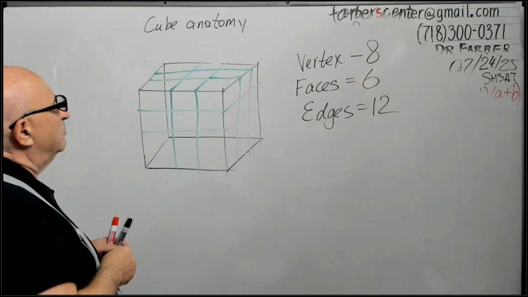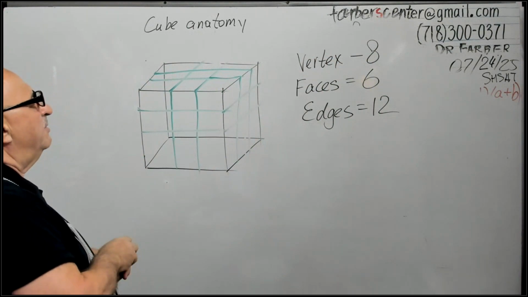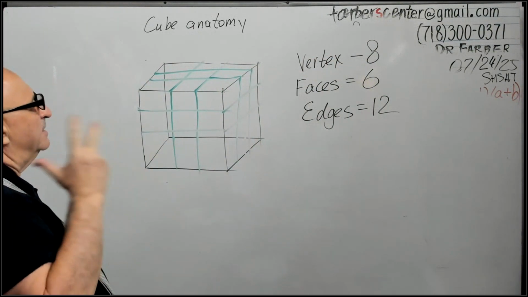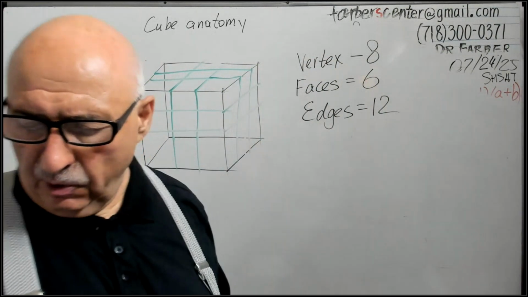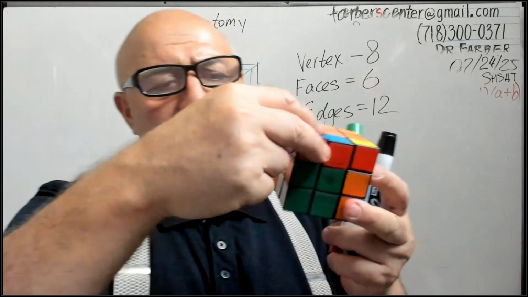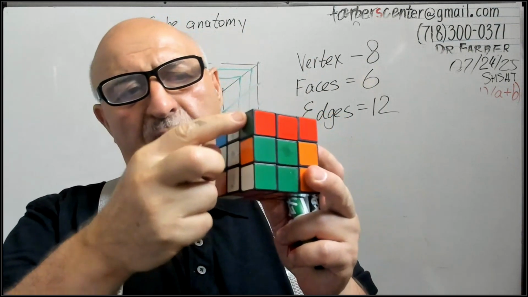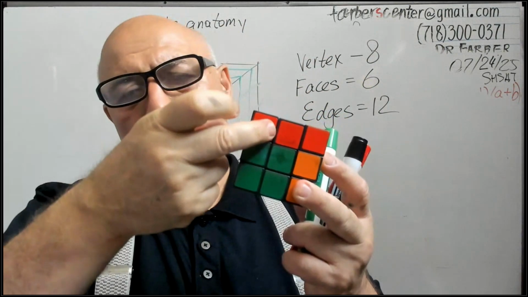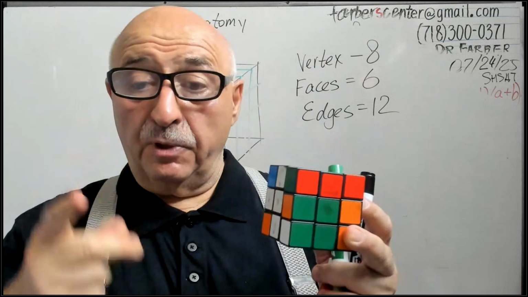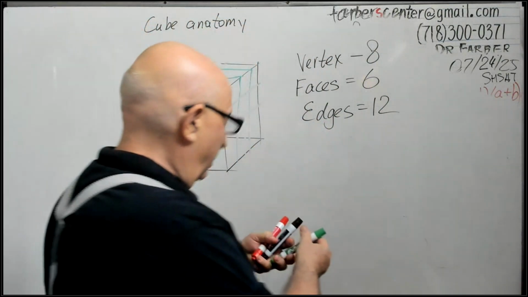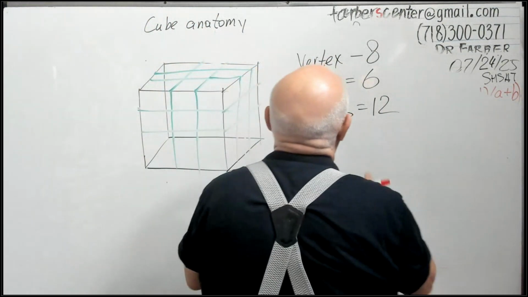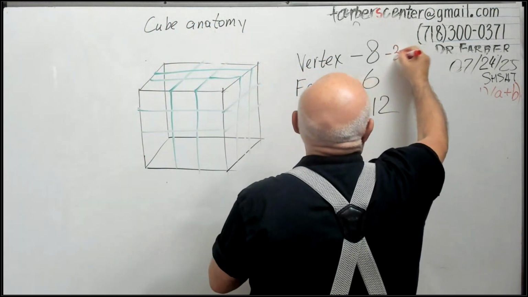I want to analyze how many cubes have 3 faces painted. Only the cubes which belong to vertices, you see this? 1, 2, 3. Since they belong to vertices, they will have 3 faces painted.